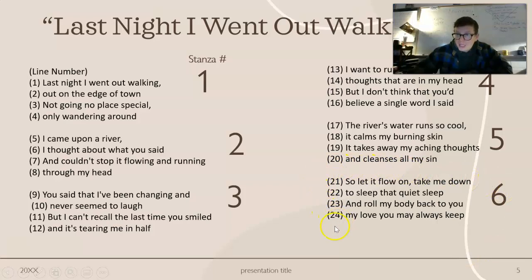Either they kill themselves, they jump in the river and they die, or they come to peace with their relationship. The river is more symbolic of them coming to a place of peace within themselves, and now they can go back to their lover feeling rejuvenated.